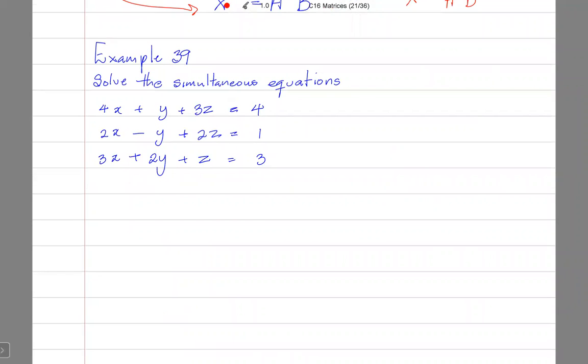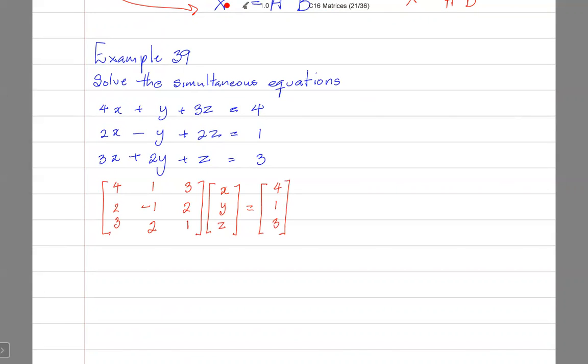Example 39 says: solve the simultaneous equations. I'm going to start out by writing it as a matrix equation. The coefficient matrix is A, multiplied by X, and this is equal to B, which is 4, 1, 3.